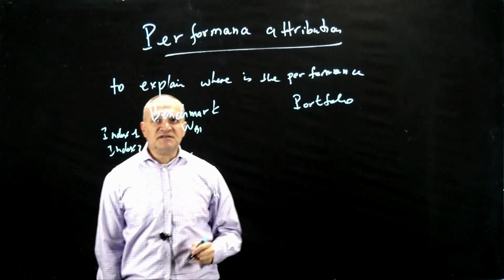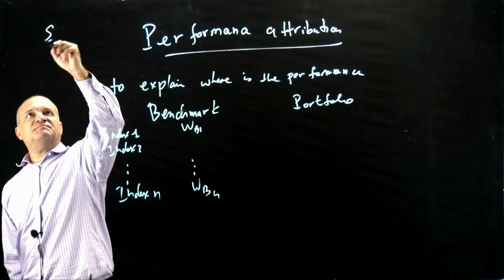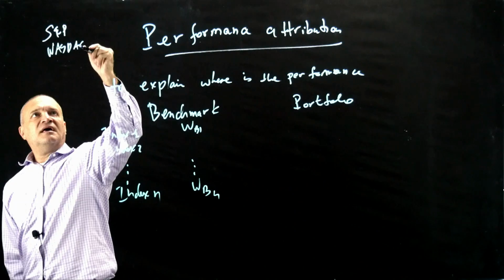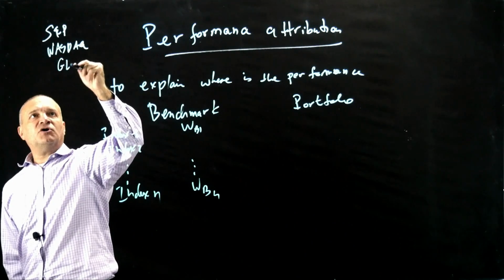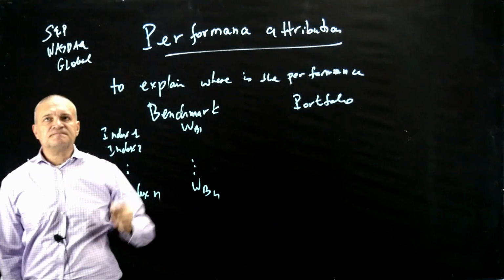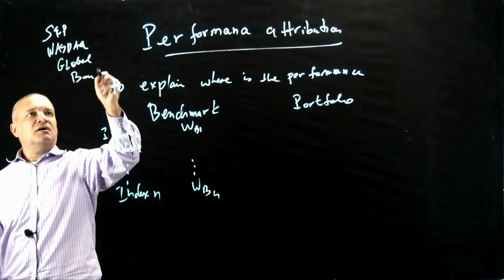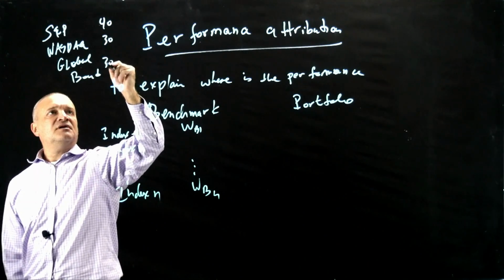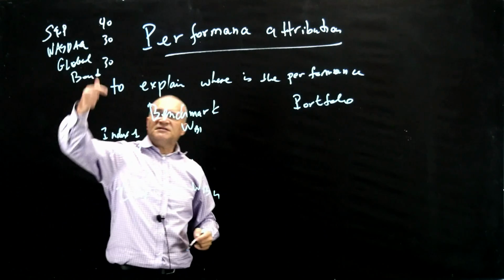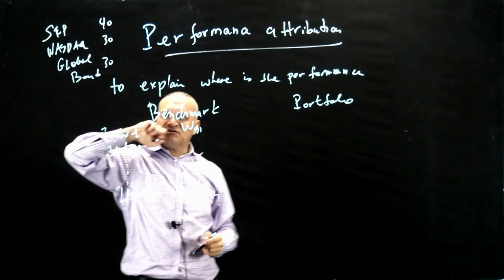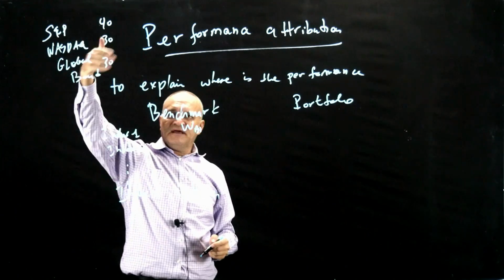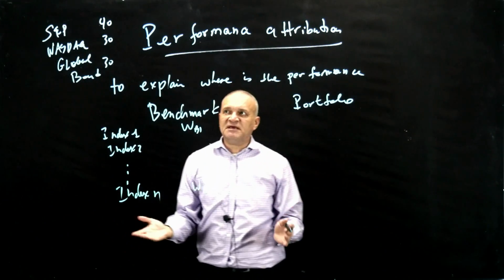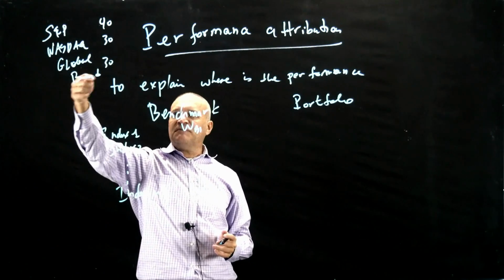So if I have three indices, for example, the S&P, the NASDAQ, and the global bond index, let's say the weights are 40, 30, 30. What it means is that in the S&P I have 40% of my holdings, in market value. In NASDAQ I invest 30%, so I'm actually buying the index. And in global bonds, 30%.